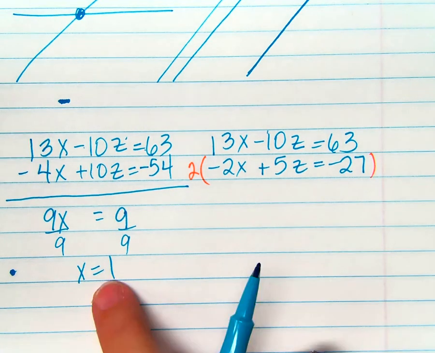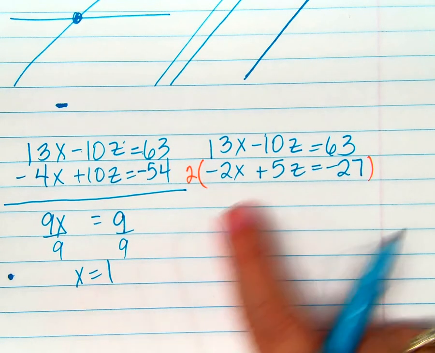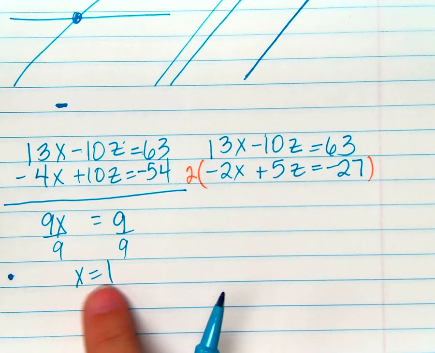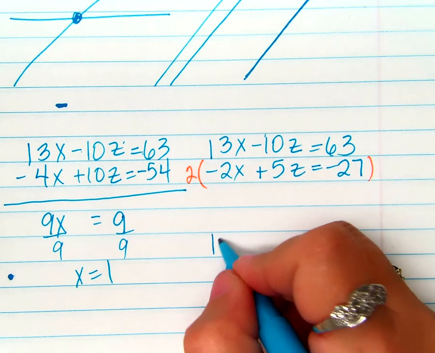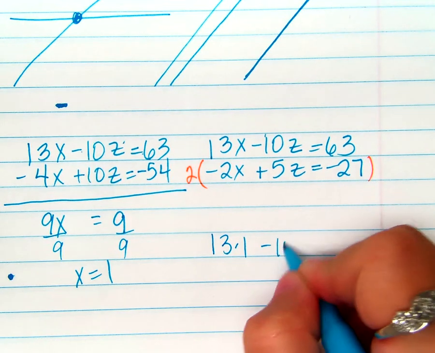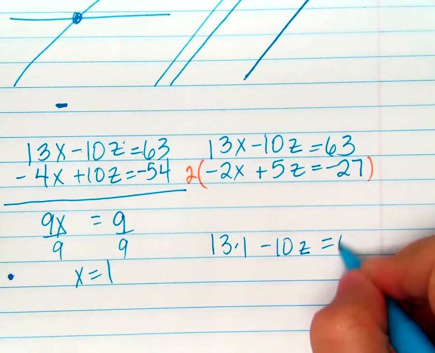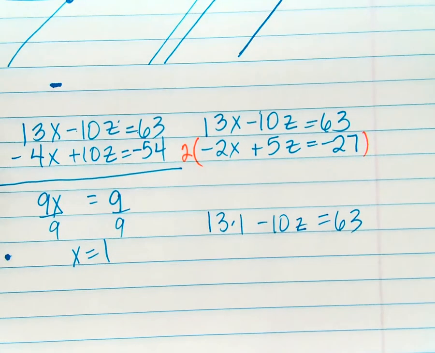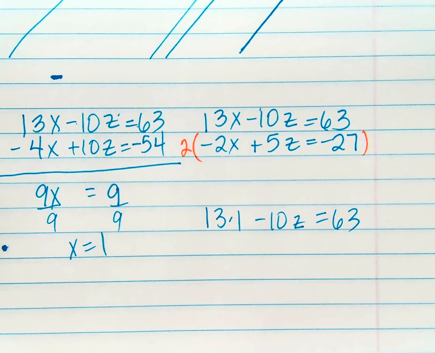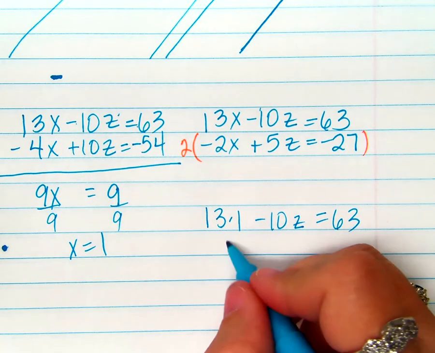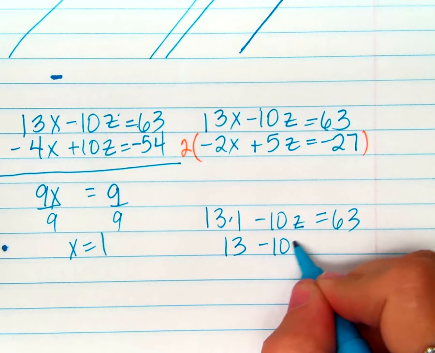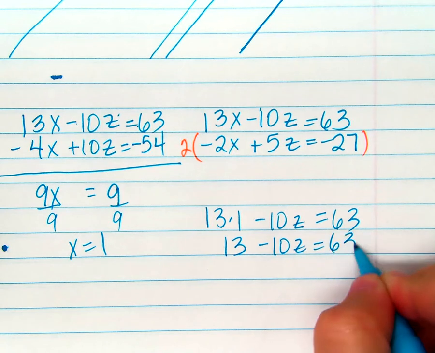So if I substitute, where do you want me to substitute x equals 1? Where do you want me to do that substitution? In the 13? Okay, so 13 times 1 minus 10 times z equals 63. Does anybody know what 13 times 1 is? Okay, thank you. 13. 13 minus 10z equals 63.